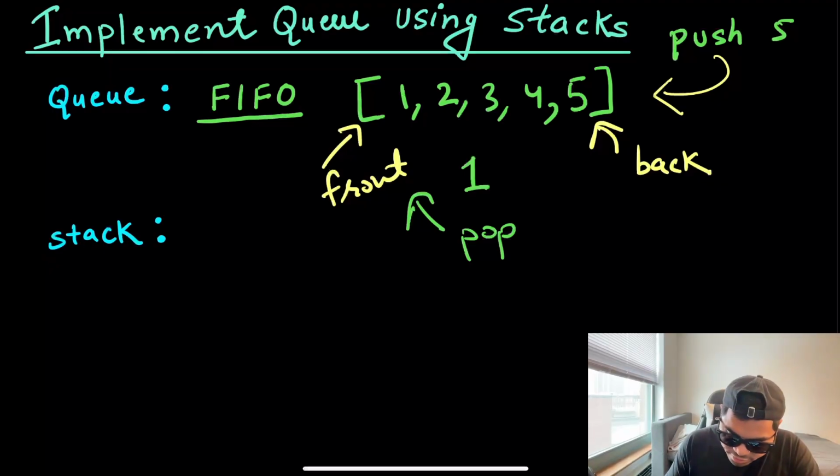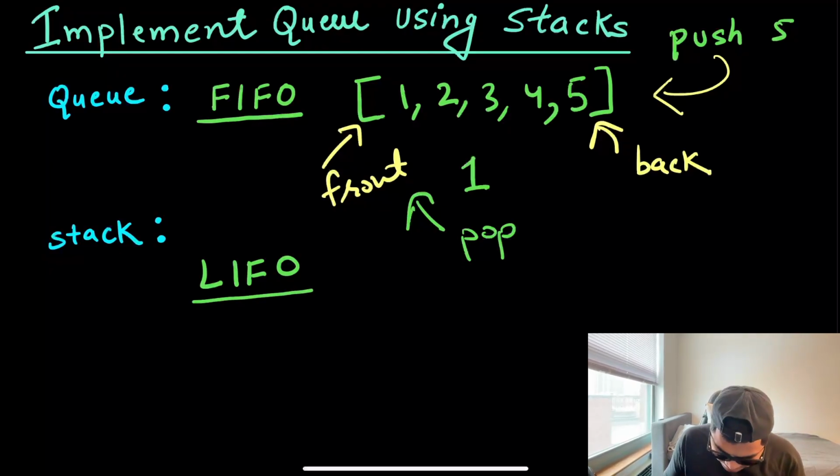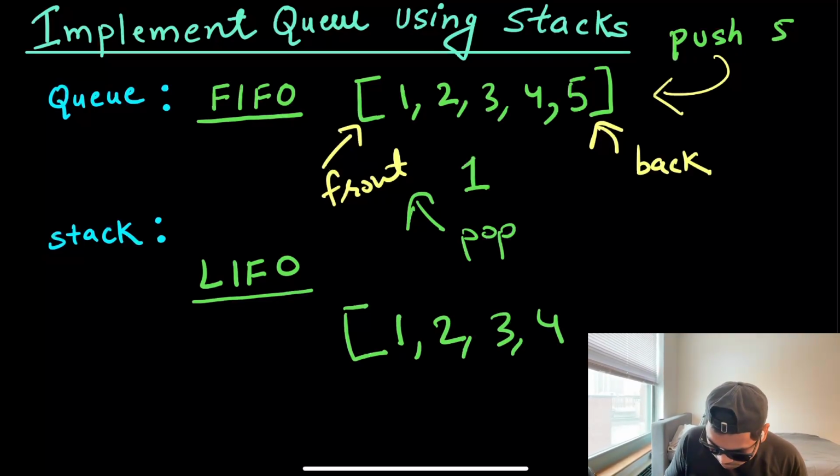But that differs in a stack. A stack is a LIFO data structure, which is last in, first out. Let's say I have this as my stack, and I'm pushing some elements onto my stack, it's going to go like 1, 2, 3, and 4.